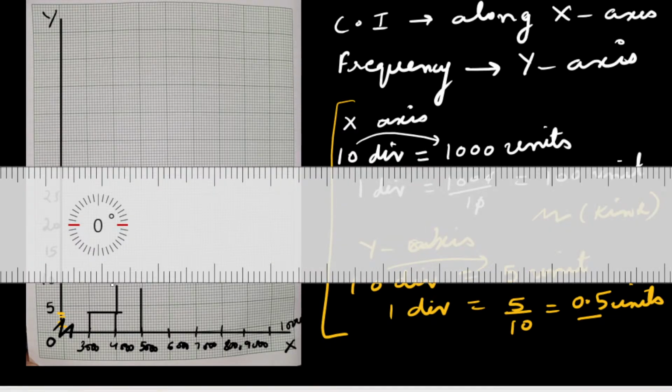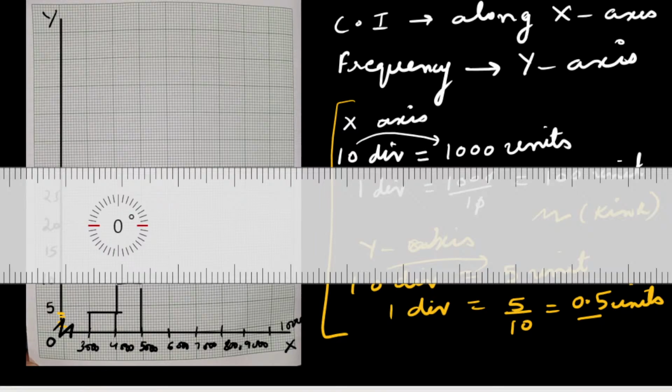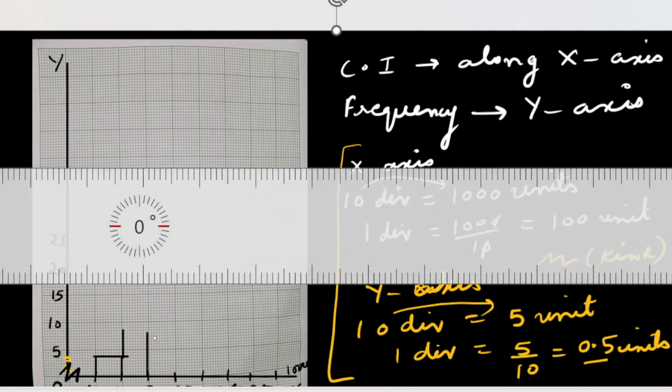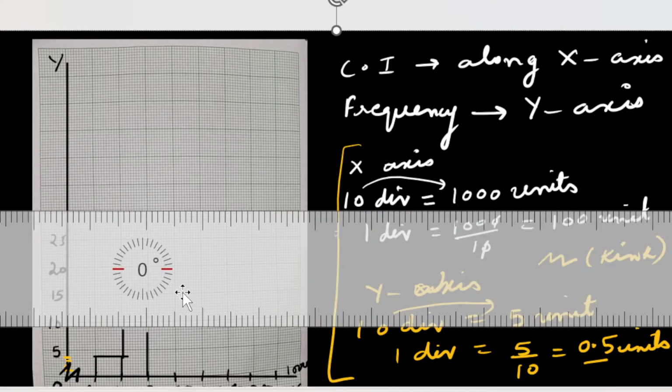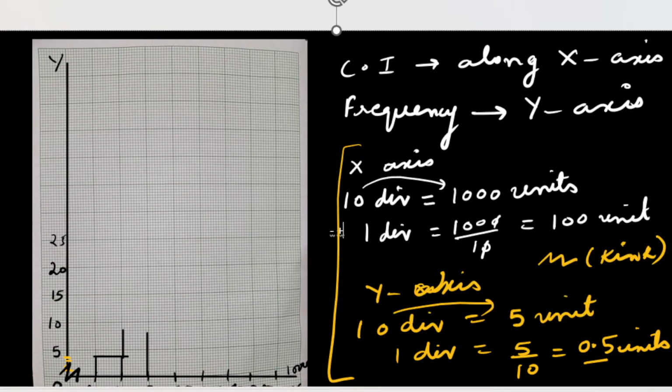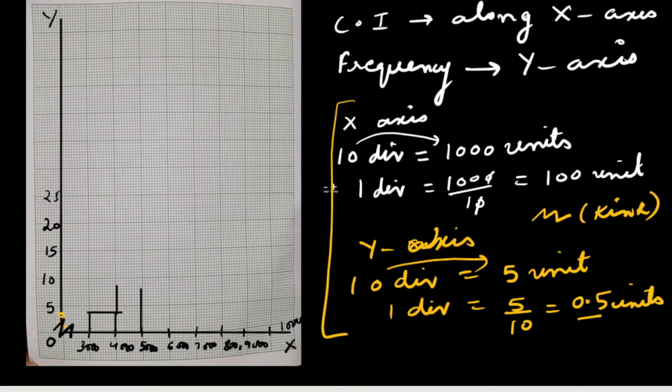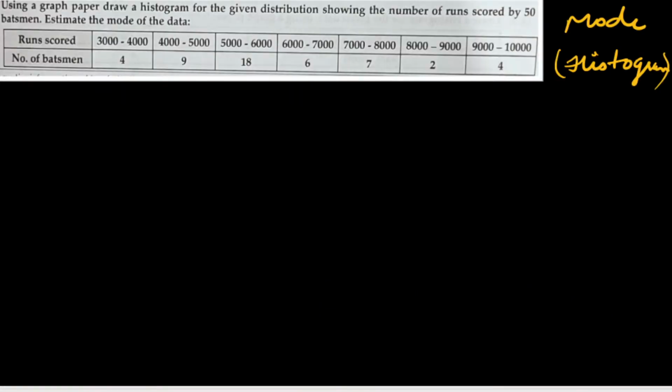Yes, so here it is. Then the next one we have 18. 5000 to 6000 is 18.